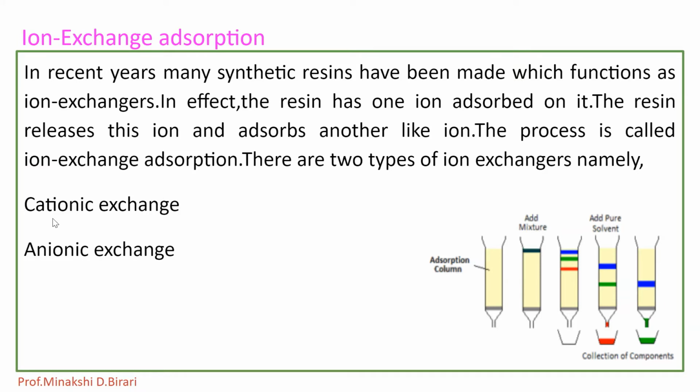So there is an exchange between the cations. H+ ions are replaced by Na+ ions. This process in fact consists of desorption of H+ ions and adsorption of Na+ ions by the resin. So it is called cation exchange.